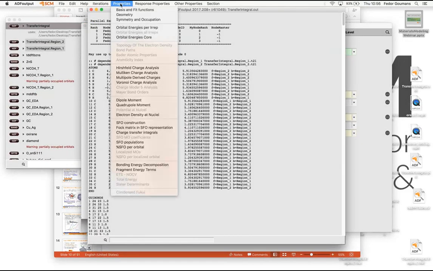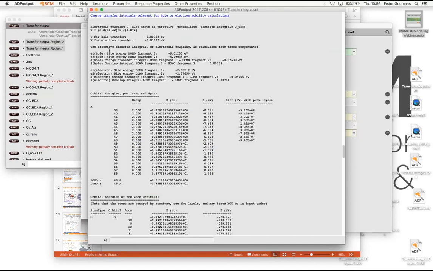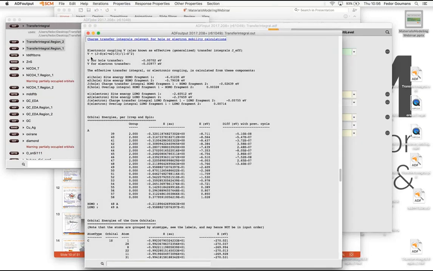And we go to properties. There should be charge transfer integrals there. And then it just prints, I hope you can see this, that it's not too small, the electronic coupling for the hole transfer and for the electron transfer. And these are the terms that go into this generalized charge transfer integral.